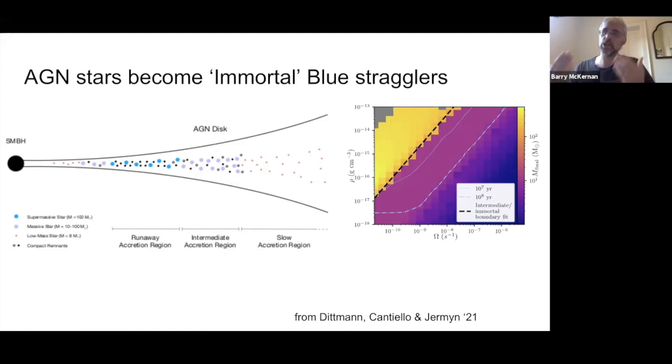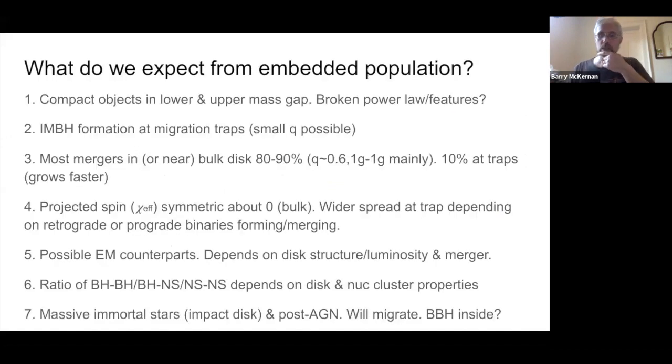So AGN stars are a new piece of the AGN puzzle, but they're another angle at getting at the properties of the AGN disk, and a very important one. So what we've done is we've basically summarized, here are expectations, right?